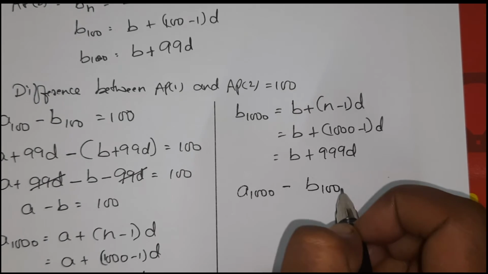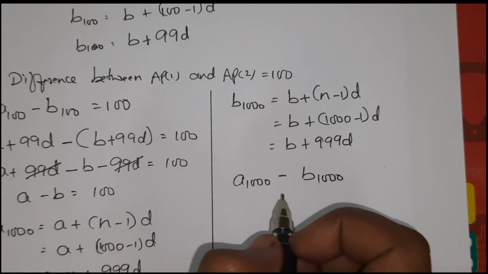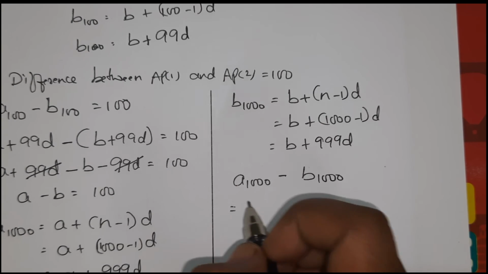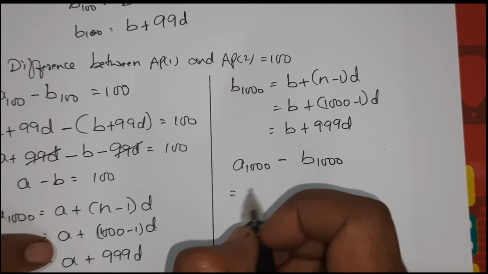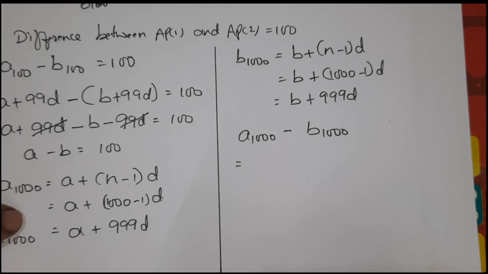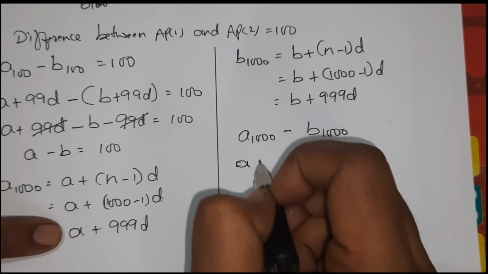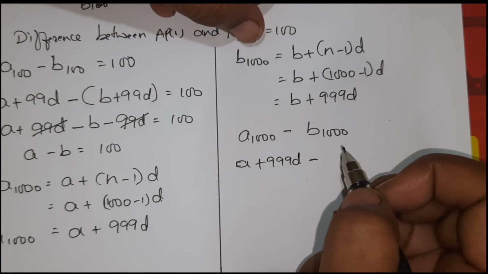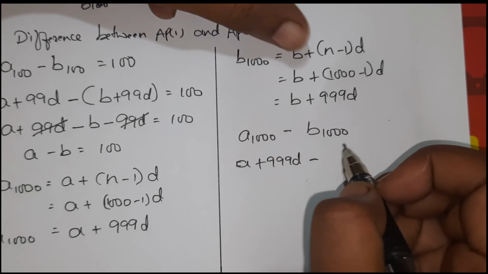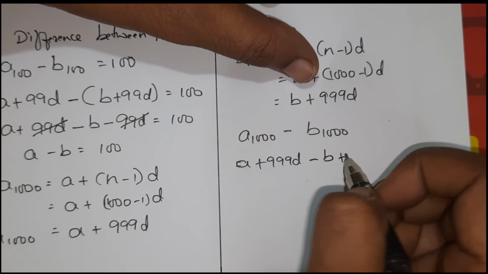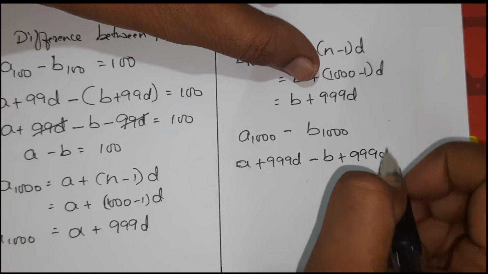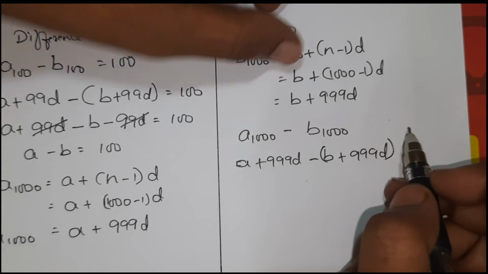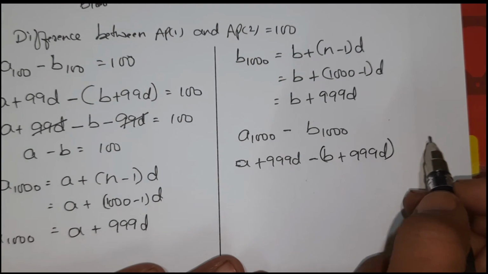By subtracting, A1000 minus B1000, we get, let us substitute A1000 with a plus 999d, minus B1000 value b plus 999d, which are equal to, we don't know, we have to find the difference.